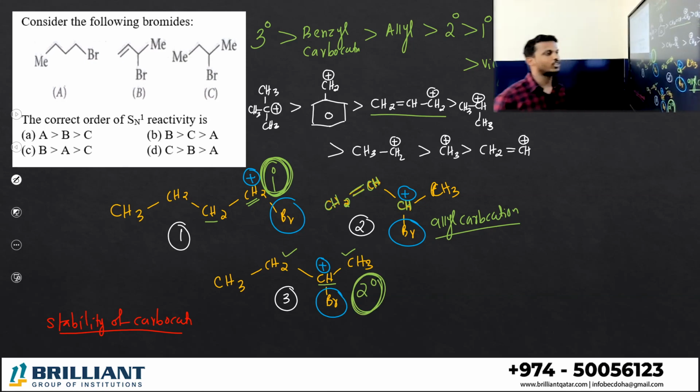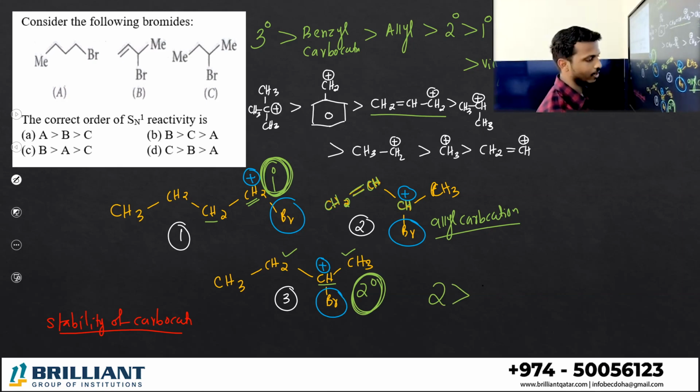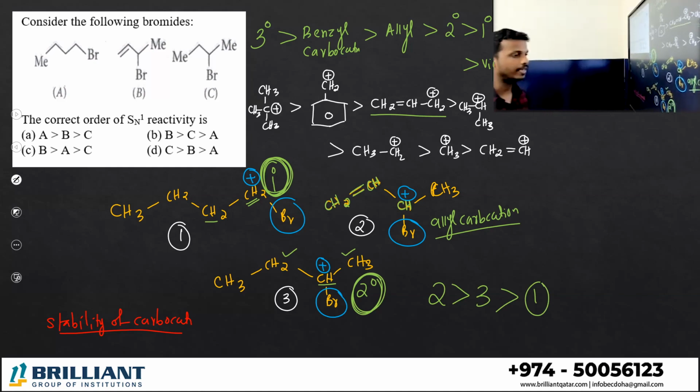Dear student, which carbocation is most stable among primary, secondary and allyl? Allyl is more stable. Therefore the order is: second one, then the secondary third one, and then the first one. That means B, C, A. Option B is the correct one. So if the order tertiary, secondary, primary is not possible in a question, you can answer through the stability of the carbocation.